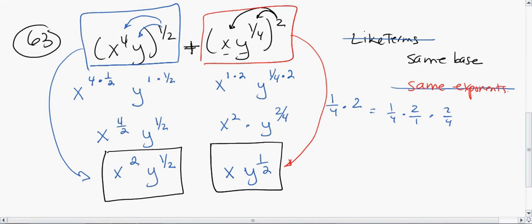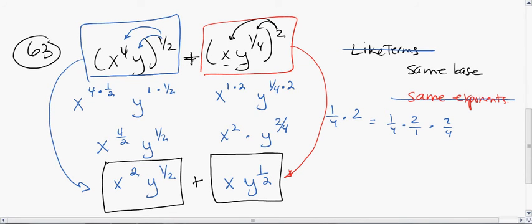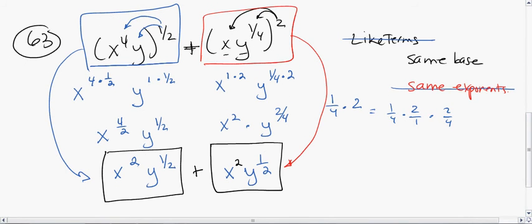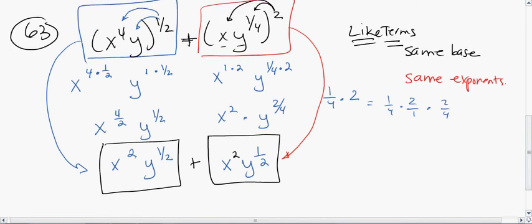All right, I'm adding up on top, so I'm going to add down below. Do I have like terms? Oops, I forgot my little square here. There, that's better. Yes, I do have like terms. I've got the same variable, and now I've got the same exponents, which means that I have like terms. And if I have like terms, I can add them together.